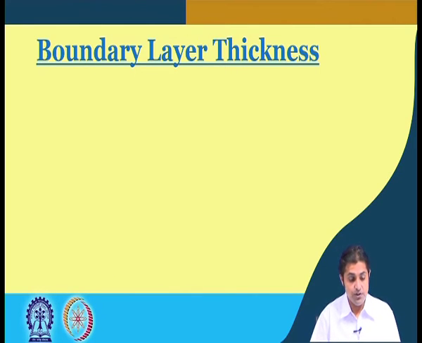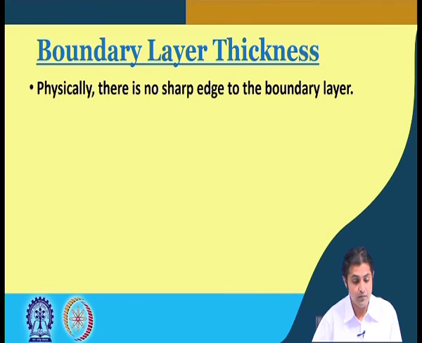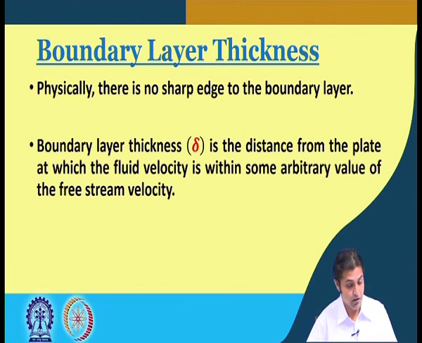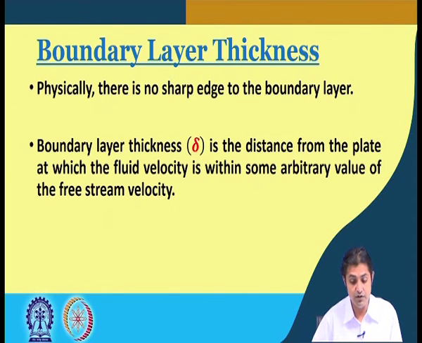Now, we are going to see what the boundary layer thickness is. In real sense, physically there is no sharp edge to the boundary layer. Okay. Now, the boundary layer thickness is the distance from the plate at which the fluid velocity is within some arbitrary value of the free stream velocity.